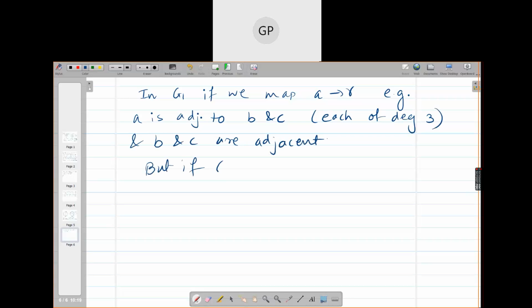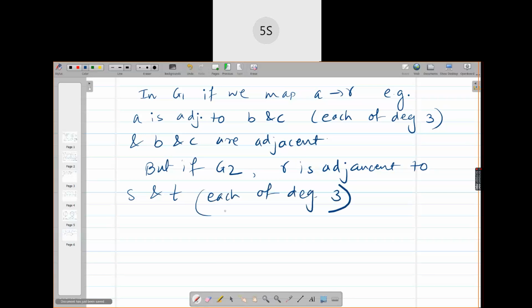But in G2, R is adjacent to which vertices? S and T. S and T, each of degree 3. That is correct. That is not creating any problem. But S and T are not adjacent.